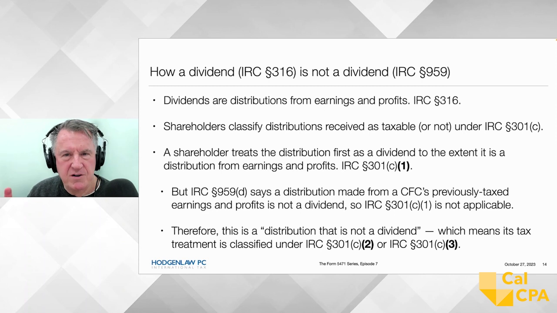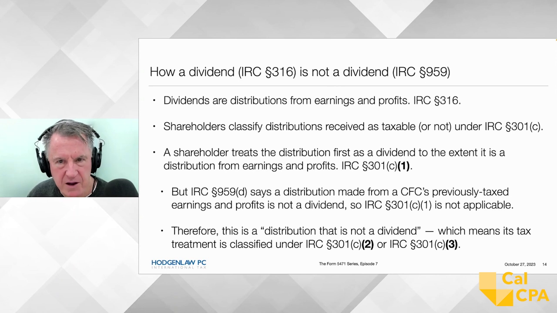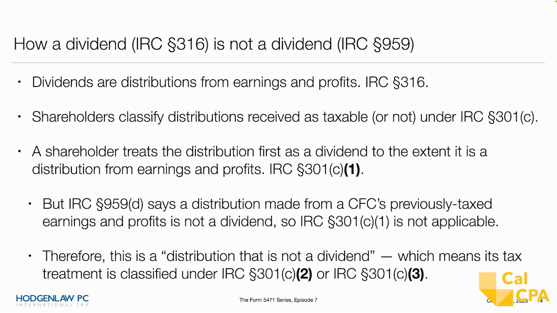It goes back to the subchapter C rules and how we are monkeying with it and overlaying some overriding principles. So the basic thing is first you look at a definition of what's a dividend, right? The code is full of dividend rules and if-then statements. Dividends are distributions from earnings and profits.